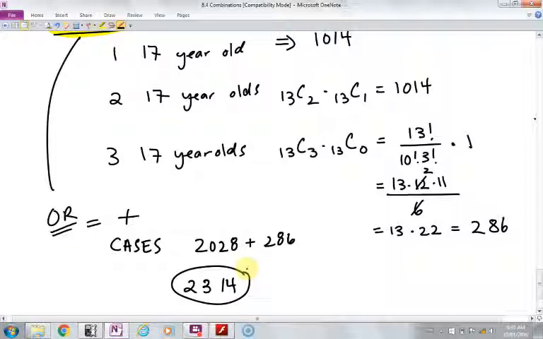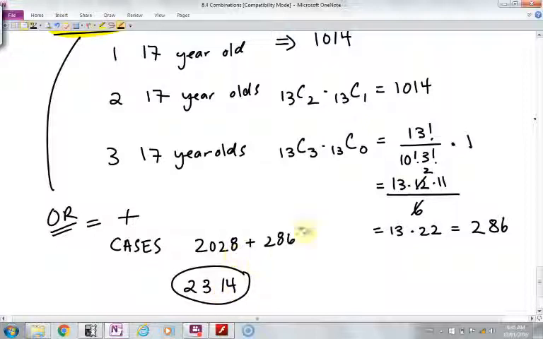So how many have no 17-year-olds? Any ideas? 286. How'd you get that, Demetria? 13 choose 0 times 13 choose 3. So exactly the same as this. Yeah, and now notice this. If we add 286 to 2314, what do we get?